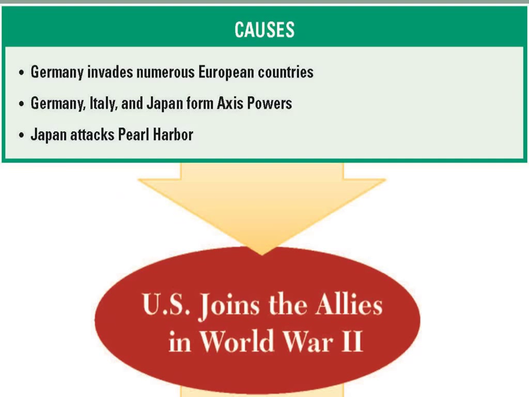When war erupted between the Allies and the Axis powers in 1939, most Americans wanted to remain neutral. Nevertheless, Franklin Roosevelt provided substantial economic aid to the Allies even before the United States formally entered the war.